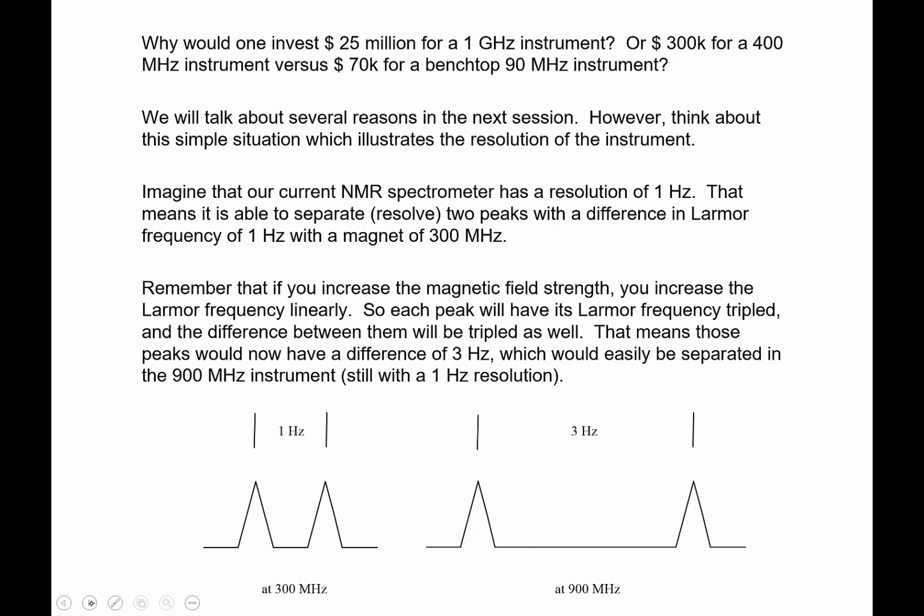Now, what kind of molecules might have a whole mess of protons, a whole mess of hydrogen atoms, in a very small window of the spectrum that I might want to resolve? Biomolecules. DNA, RNA, proteins. So when I have a lot of hydrogen smushed together and I want to resolve them, I've got to go to higher field.